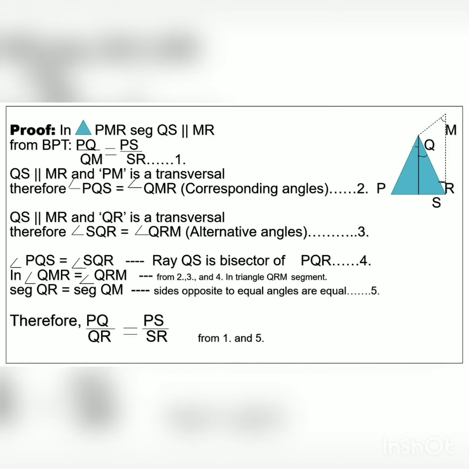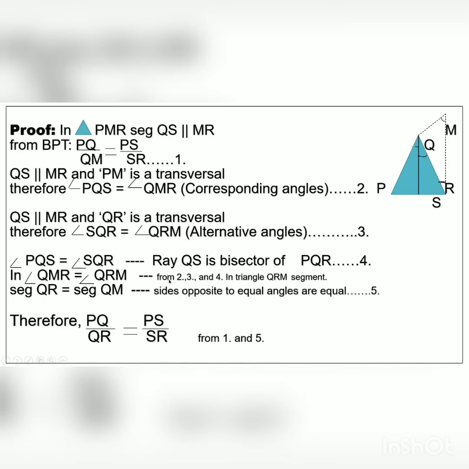Means LHS of the second and third equations is equal. Therefore, RHS of the second and third equations is also equal. So you can write here angle QMR is equal to angle QRM. Reason is from second, third and fourth.